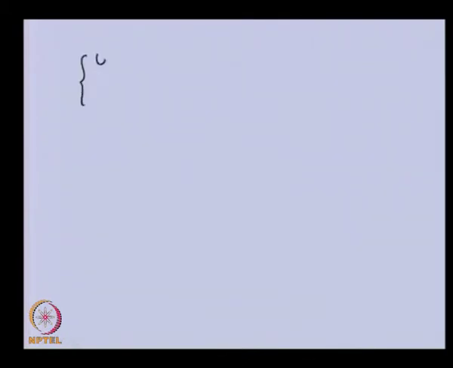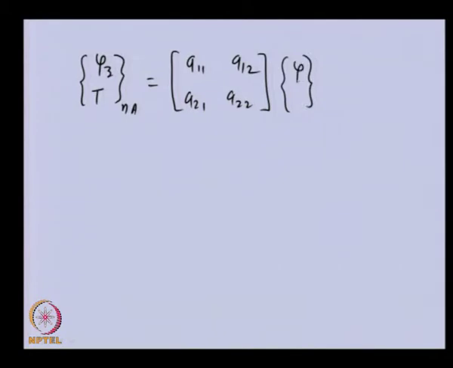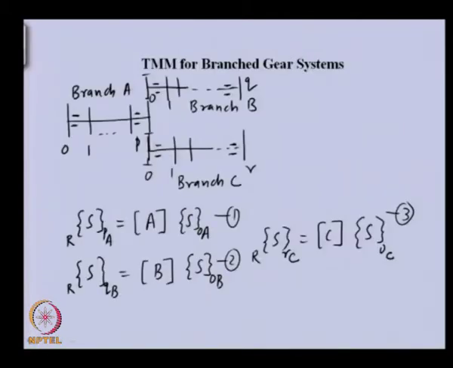For branch A, we can expand this like this. Let us say the overall transfer matrix I am representing as A11, A12, A21, A22, multiplying phi z and torque at 0 station of branch A. Now, the boundary condition at 0 station is that this particular torque is 0, because that particular end of the shaft is free.